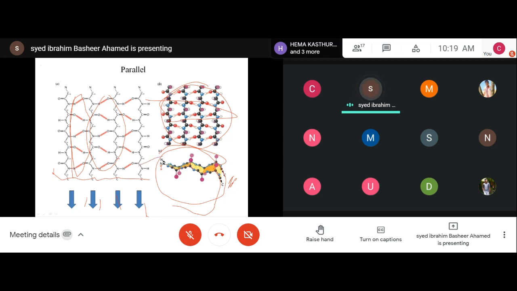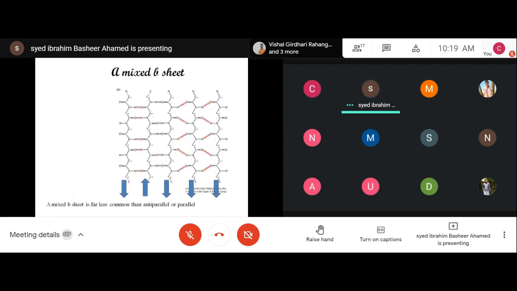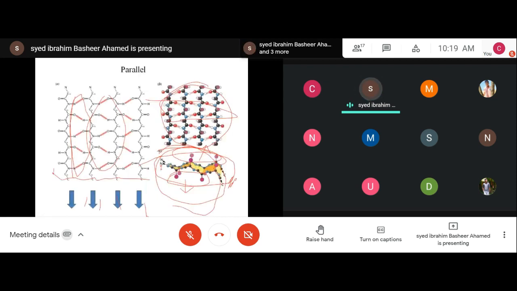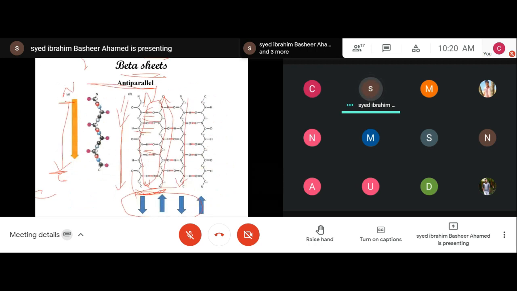If you look at this beta strand, the hydrophobic amino acids will be facing towards the center, and hydrophilic amino acids will be facing towards the solvent. So just like in alpha helix, the beta strand also prefers the hydrophobic as well as hydrophilic environment.